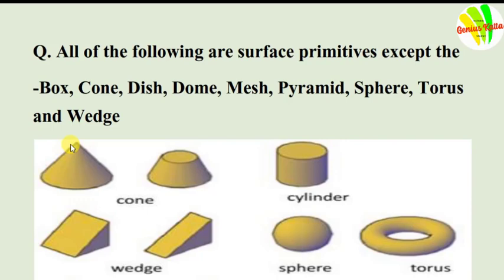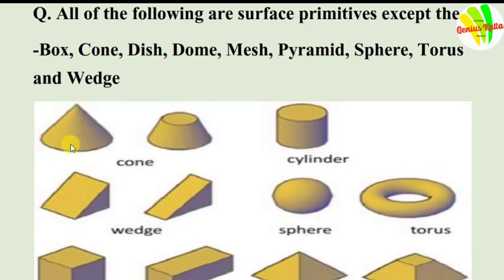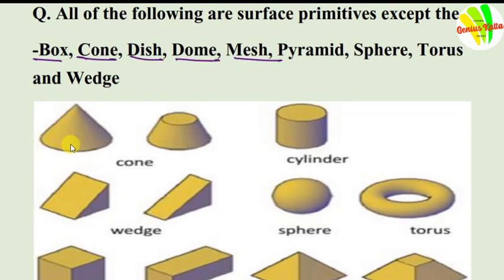Next question. All of the following are surface primitives except. Friends, this is the question related to exceptions, but here we provide the information about the primitive surfaces. The answer is box, cone, dish, dome, mesh, pyramid, sphere, torus and wedge.